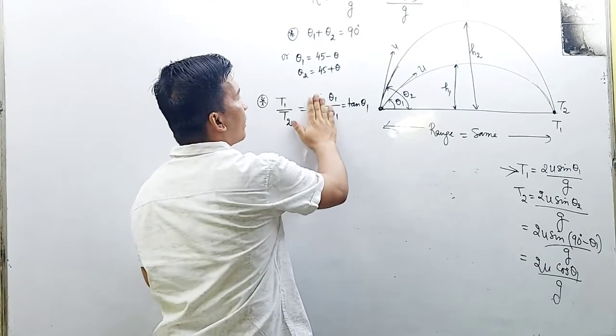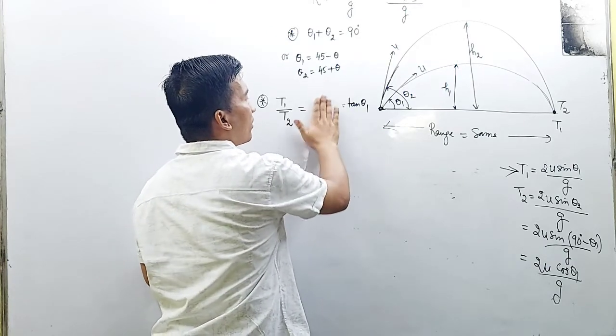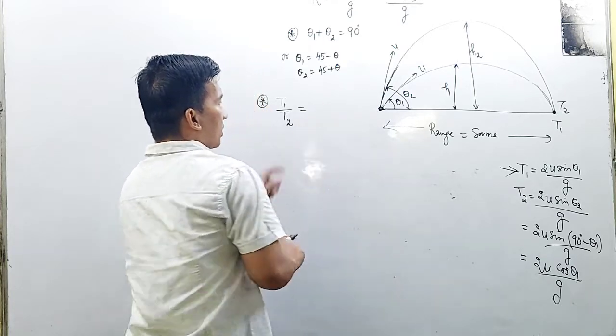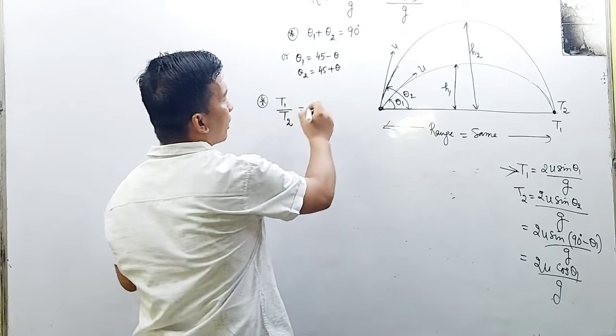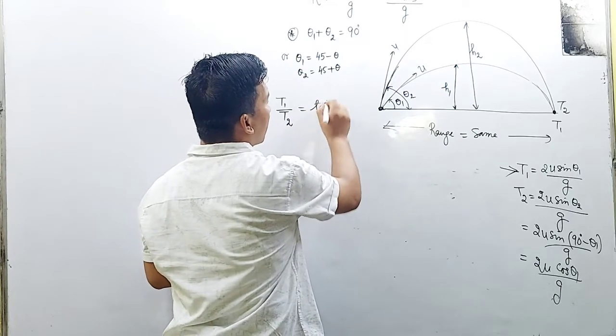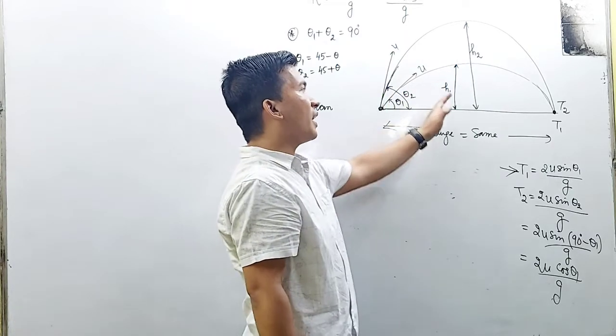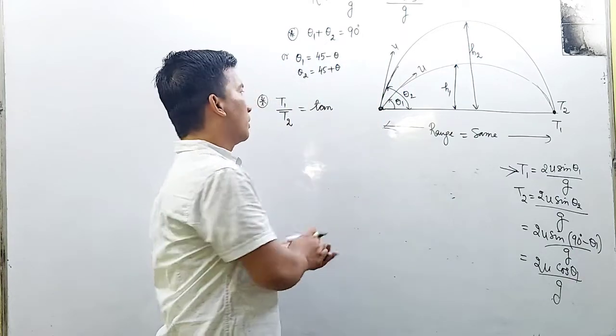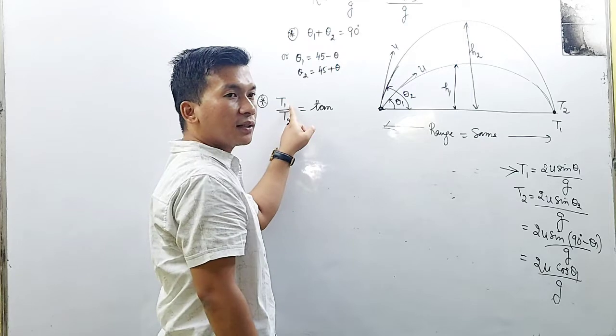You can forget the intermediate steps. For T1 and T2, the time periods, the ratio for the same range condition will be tan of theta 1, with the numerator's angle in the lower case.